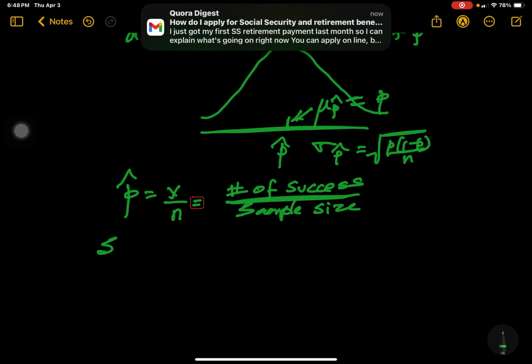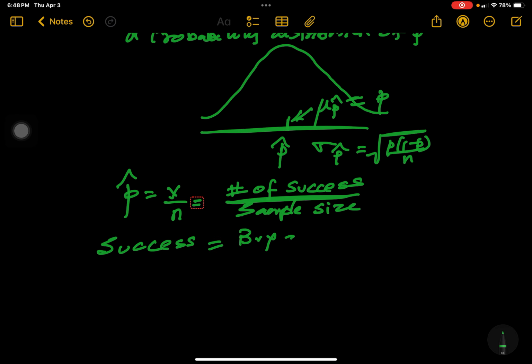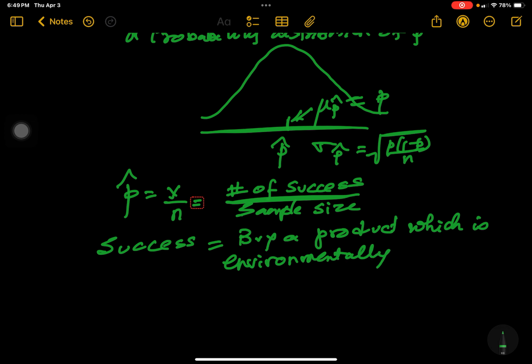Success in this case is buying a product which is environmentally friendly. So p hat, number of successes.